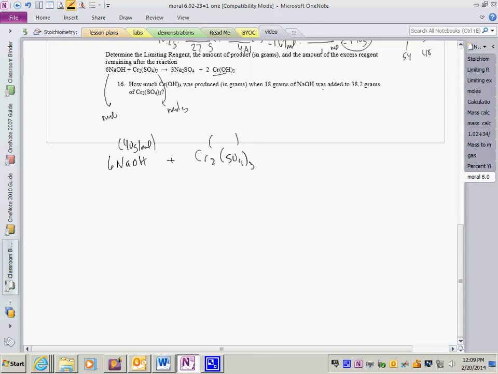2 chromiums. Chromium is 52 each. We got sulfur, which is going to be 32, and you got 3 of those. Plus we got oxygen, which is 16, and there's going to be 12 of those.